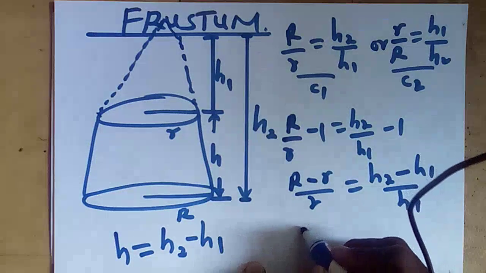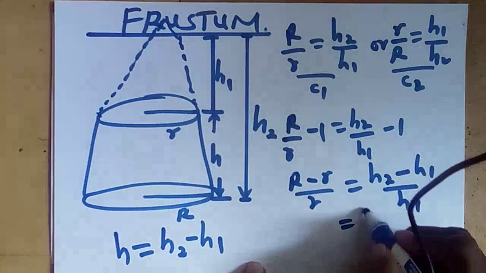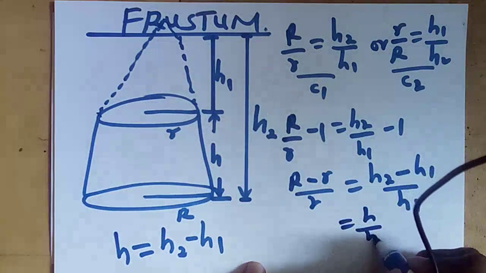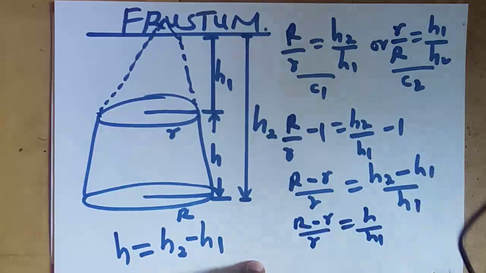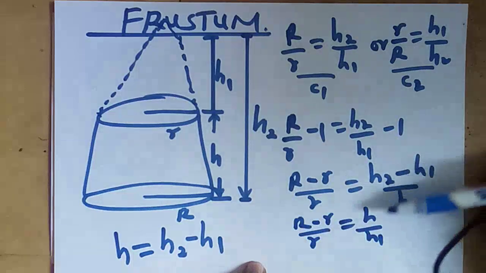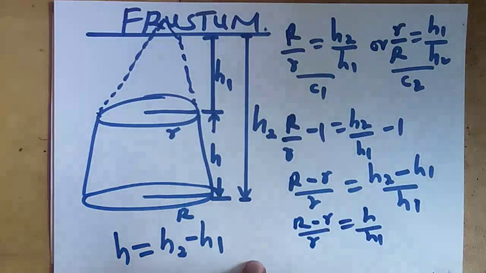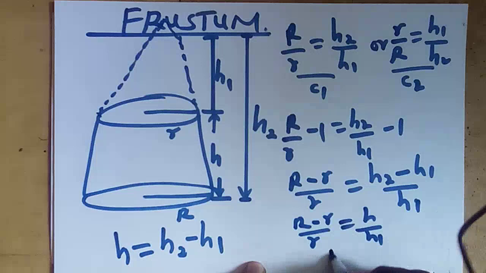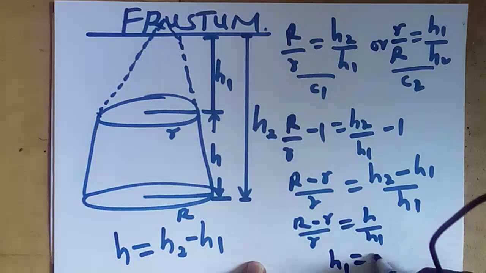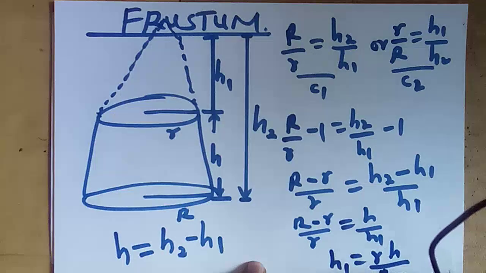and therefore this one can be written as R minus r over r equals h over h1, because what is here is actually indeed h. Now, making h1 the subject, we remain with h1 equals r h over R minus r.